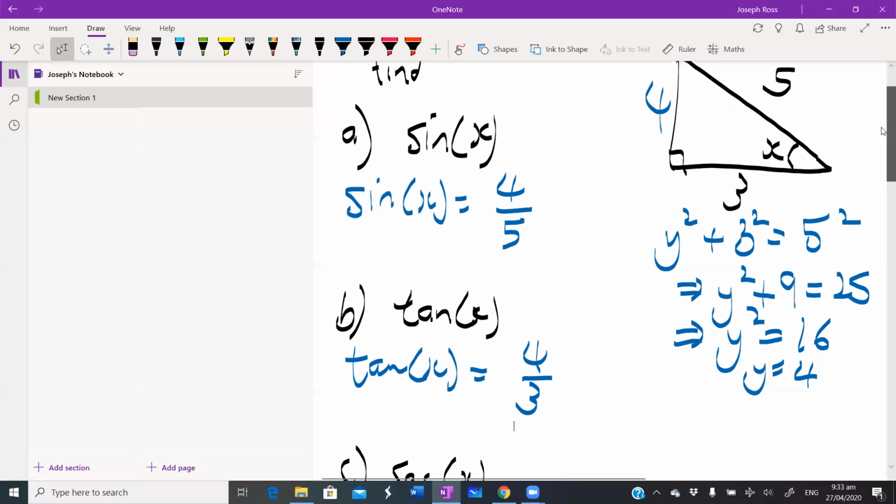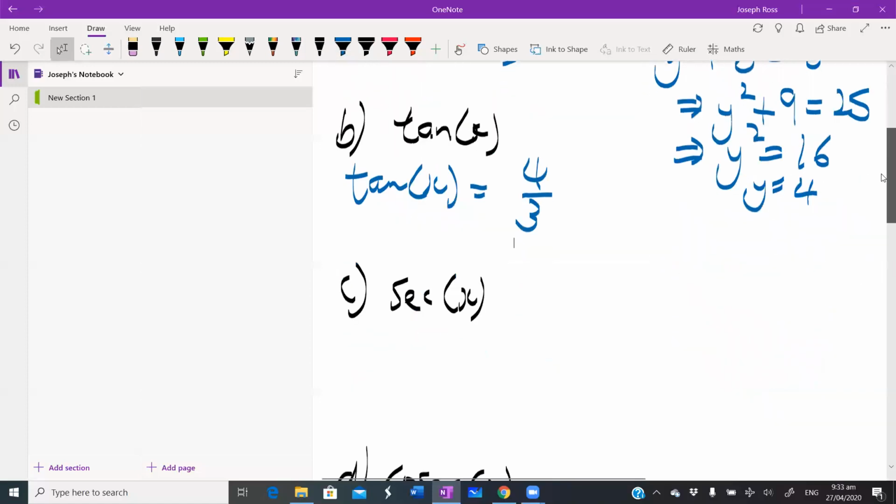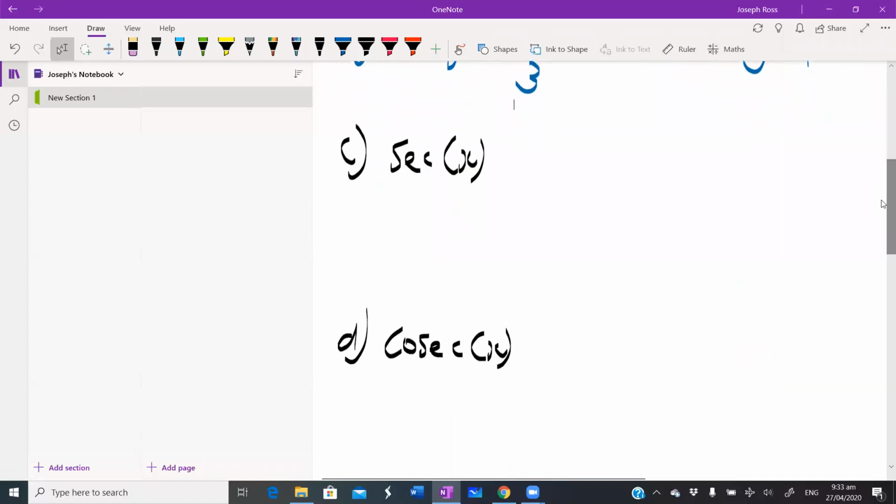Now we come to some of the more unknown trig functions. So firstly, we have secant x, and secant is, from the formula sheet, equal to 1 divided by cosine of x. But we know what cosine of x is already.